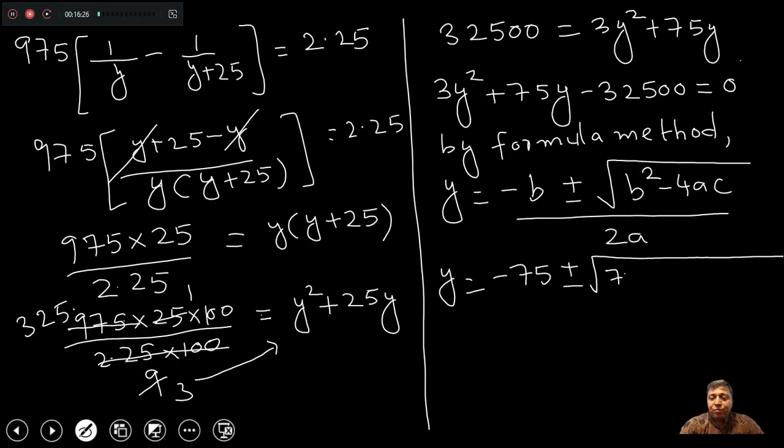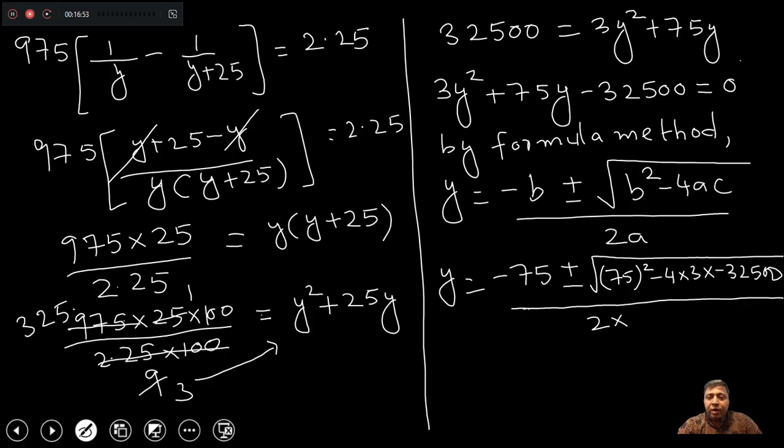So 75 square minus 4 into 3 into minus 32,500. Yes, it fits. I also reduced the size of the font annotations, and that helped me to accommodate in the given space. Upon 2 into a. A is 3. So y is equal to minus 75 plus minus square root of.